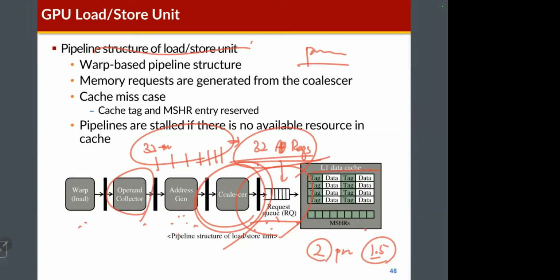The GPU also has the load store unit, and the problem of the GPU is that it runs a large number of concurrent threads.